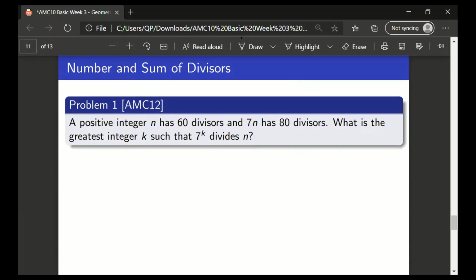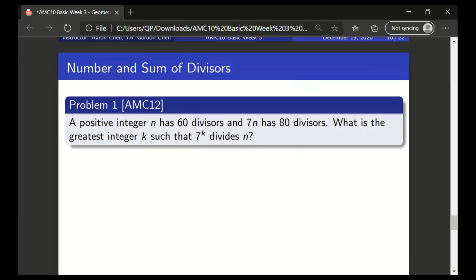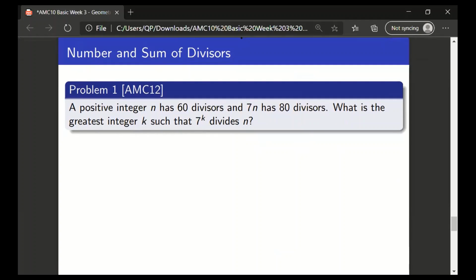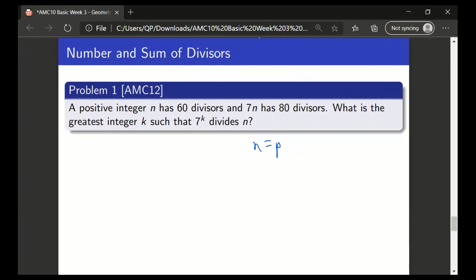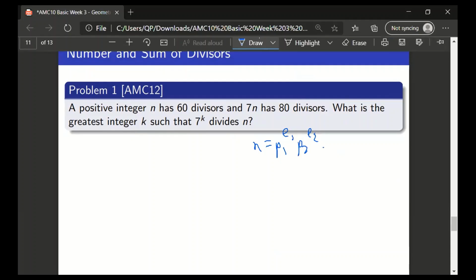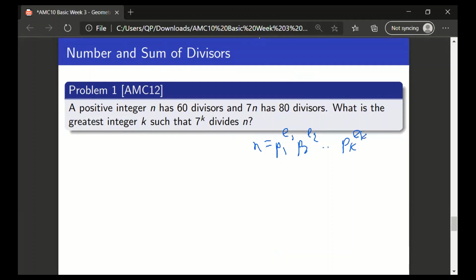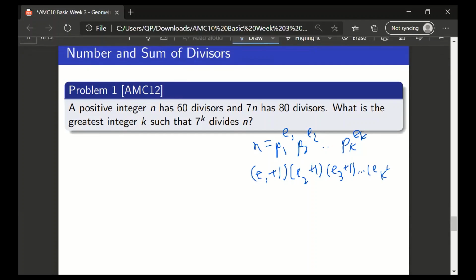All right, so let's move on to the number and sum of divisors. The number of divisors of an integer n that can be prime factorized into the form p1^e1 p2^e2 all the way to pk^ek would be (e1 + 1)(e2 + 1)(e3 + 1) all the way to (ek + 1).